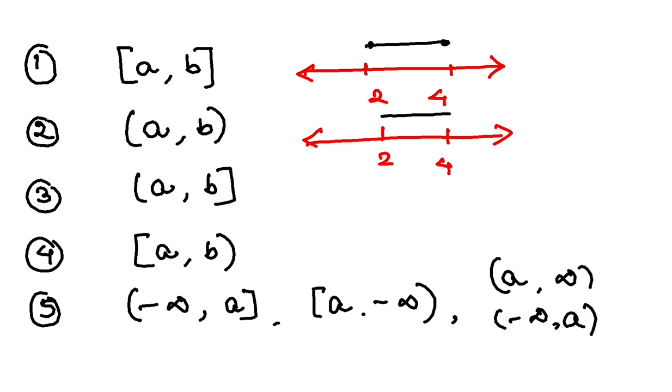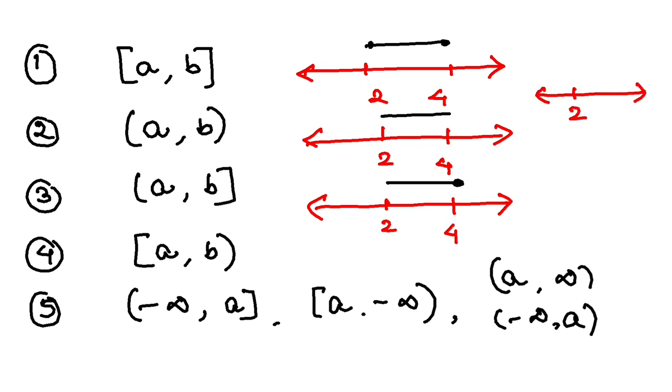Number 3, if I want to draw in graph, then 2 is open, 4 is closed, so this is how it will draw. Number 4, if I want to draw, we're taking 2 and 4, 2 end is closed, 4 end is open, so this graph will be something like this.